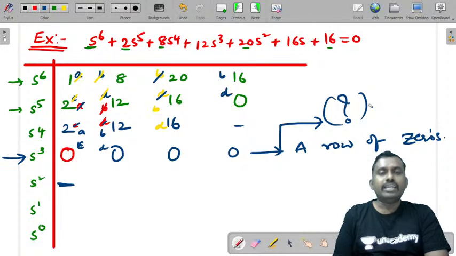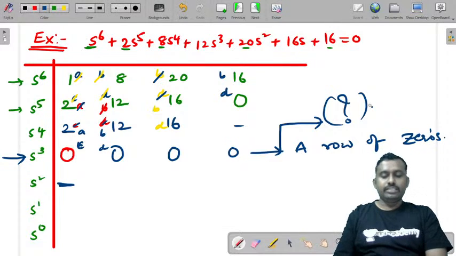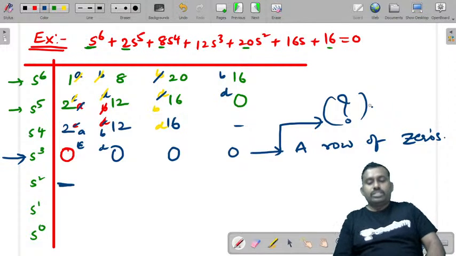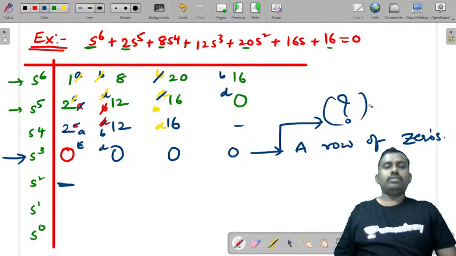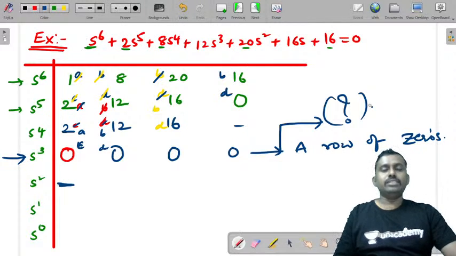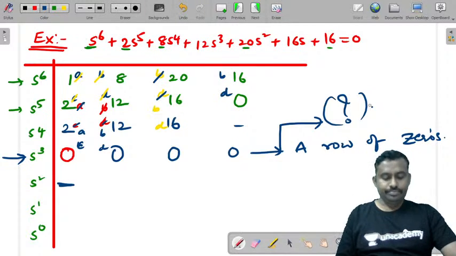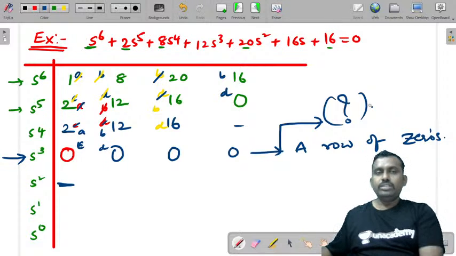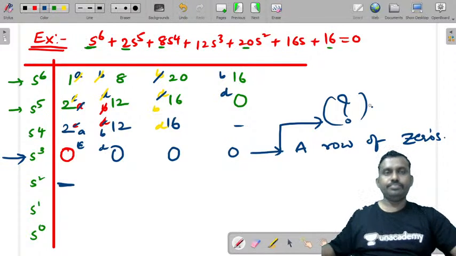If we can't find the rest of the elements, we cannot say whether the coefficients are all positive or negative, or comment on the stability. It's a difficulty. In such cases, I'll tell you the solution to this.